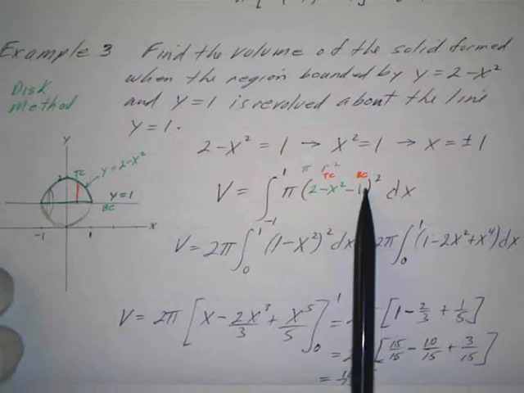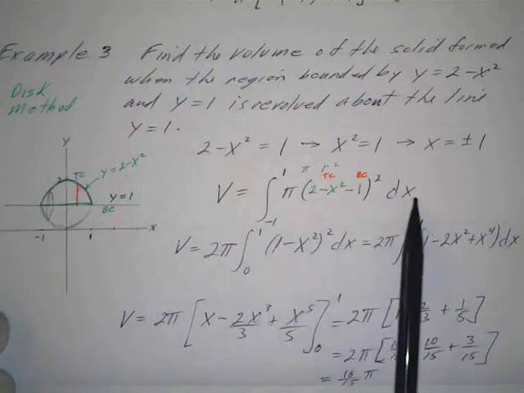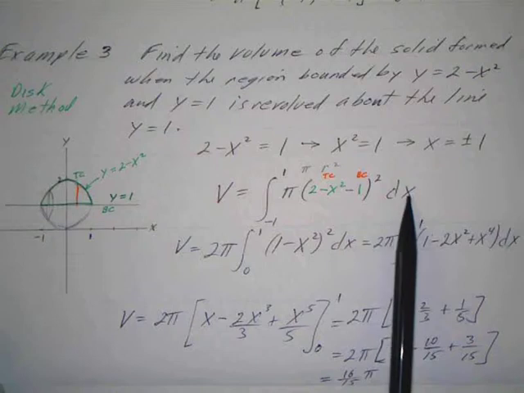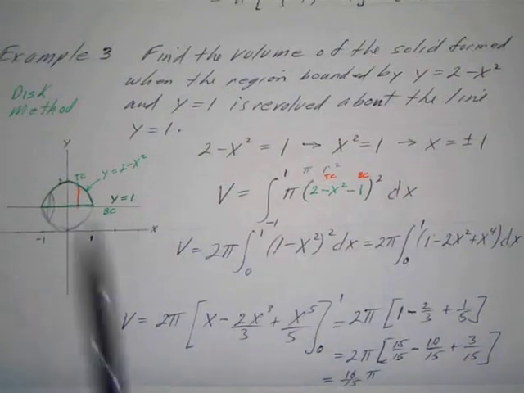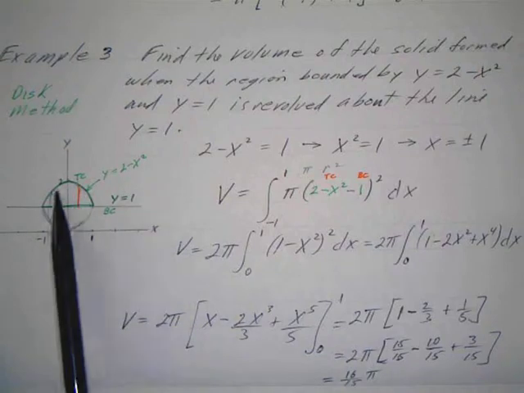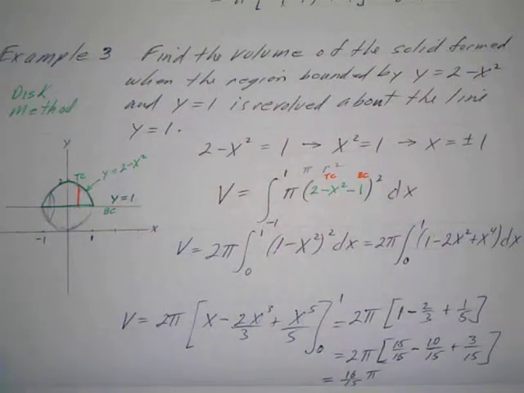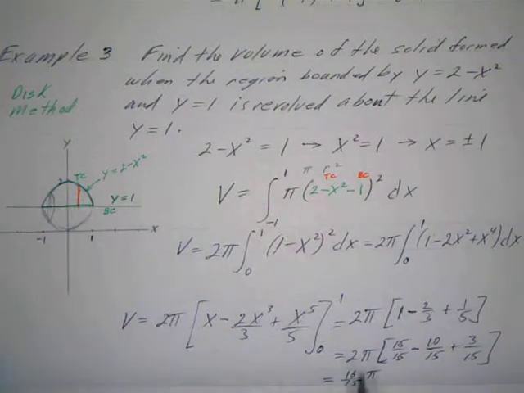So top curve minus bottom curve, that's my radius, and remember my area of my disk will be pi r squared, and this is the thickness of the cylinder, and I'll add all these up from -1 to 1. Now this is symmetrical. It's an even function. You can see the right side and the left side of the y-axis is the same, so we can reflect it around the y-axis. This is a handy little trick.